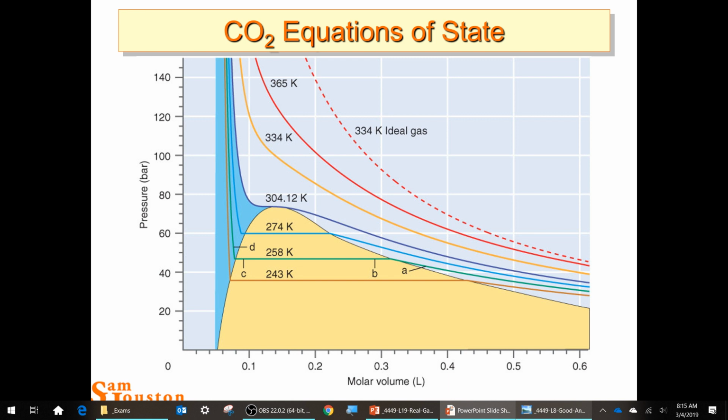So here's carbon dioxide in its equation of state. It's a nice figure because it shows the ideal gas isotherm at 334 Kelvin, and then it shows the experimental isotherm. So here's 334 Kelvin ideal gas, and this is the experimental isotherm. So quite a bit different. Notice when you get out here, the error is not so bad.